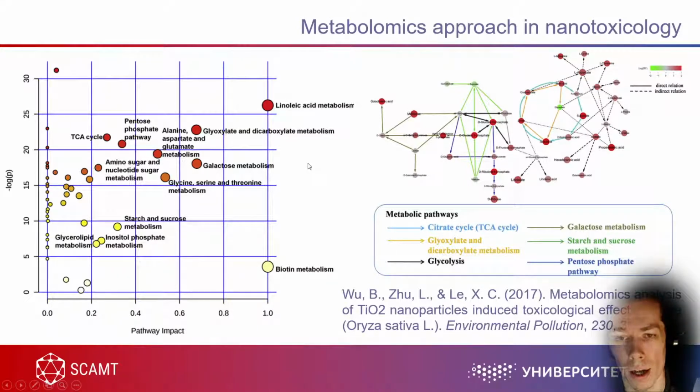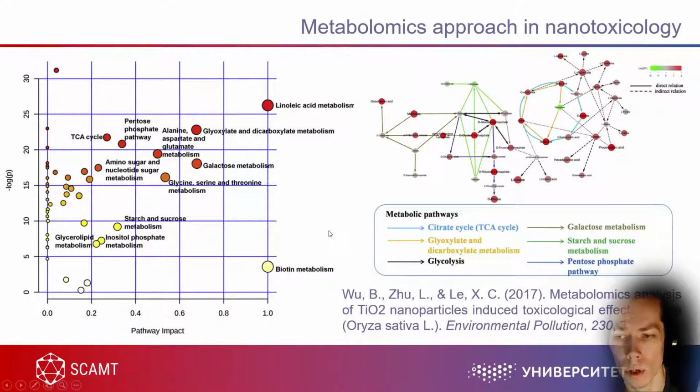But more importantly, you can plot connections between metabolites and understand which pathways are affected by nanoparticles. So what are the toxic pathways of titanium dioxide when applied to rice cultures?